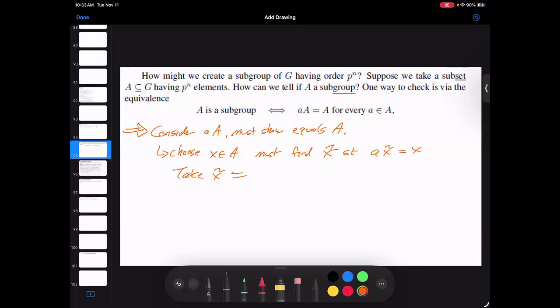So we need to multiply something by a and get x. What should we take x tilde to be? Solve the equation. a inverse x. And that is in A by closure.